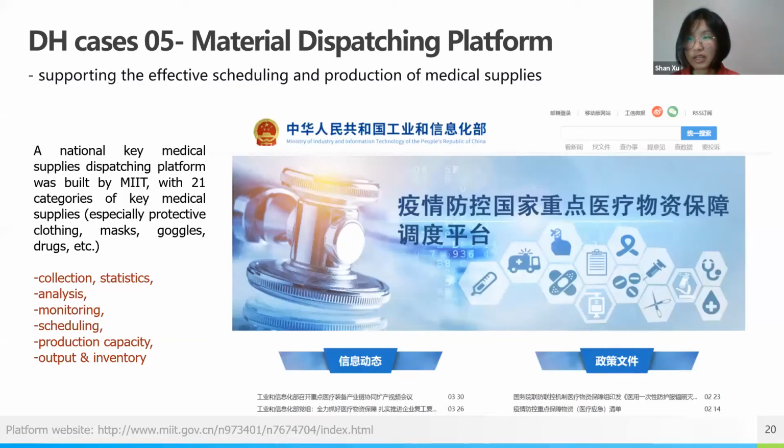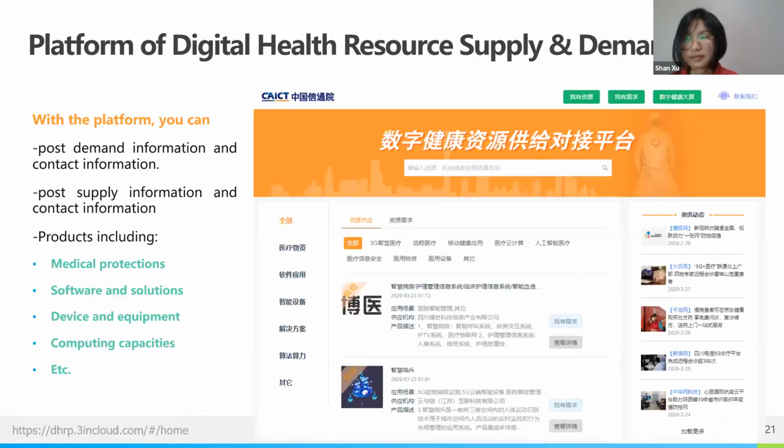We also have a platform developed by MIIT, the Ministry of Industry and Information Technology. On that platform, we have 21 categories of key medical supplies. Most importantly, we have the function of monitoring the production capacity, and also the scheduling and output of all kinds of medical supplies.